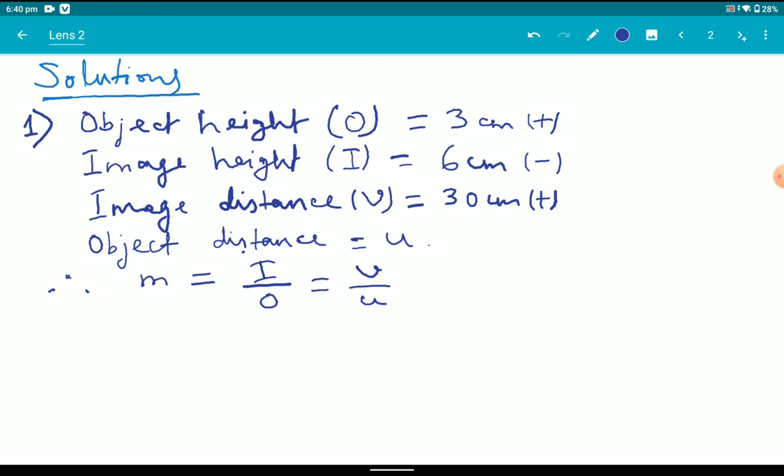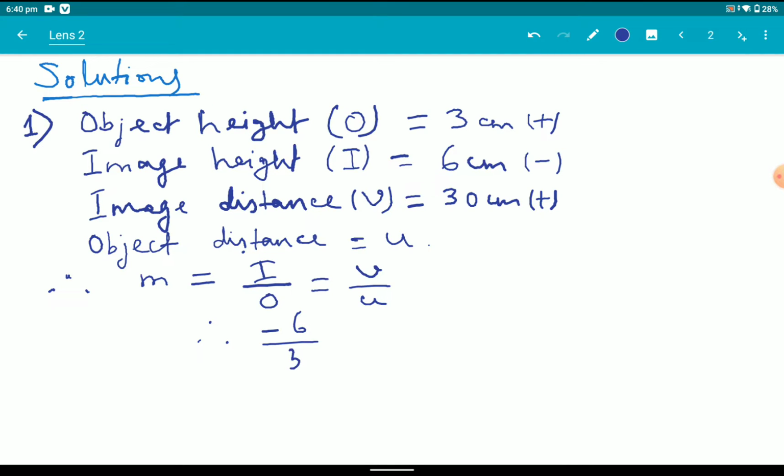The magnification, we do not know, but we know the other three values: I, O and V. We have to determine U. From this equation, if I put the values, I has been given as minus 6, so let us write minus 6.